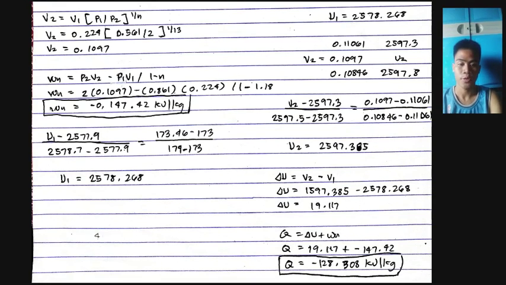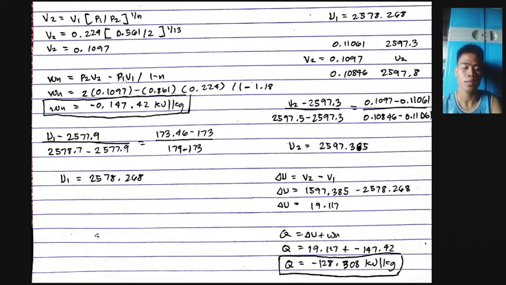And by calculating it, our Wn is equal to negative 107.42 kilojoule per kilogram.